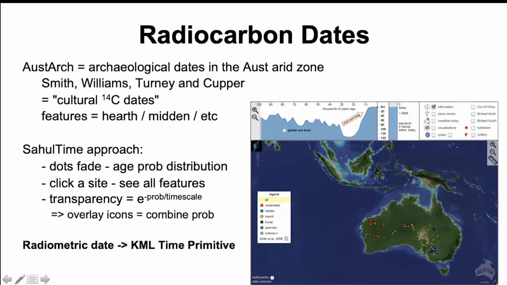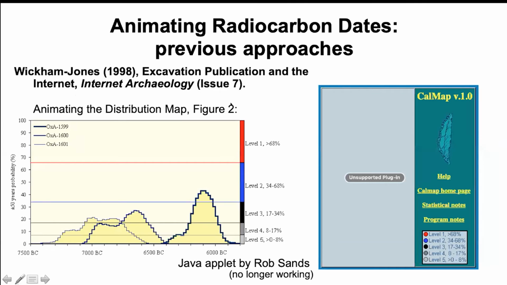This is the distribution of dates from the AustArc database by Mike Smith and Alan Williams and others. This is a previous version that's actually in an article on Internet Archaeology. This is how someone else has approached density curves as changing colors, but that means you've got to know the legend of colors and what they mean.